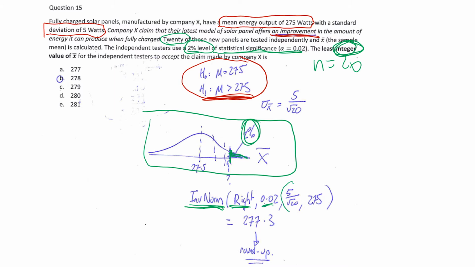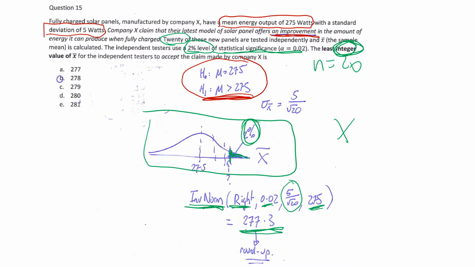Of course, the standard deviation of our original x divided by the square root of the sample size, which is 20, and there's our mean value in the null hypothesis of 275, and it turns out to be 277.3. So a value greater than 277.3 would make our independent testers accept the claim.